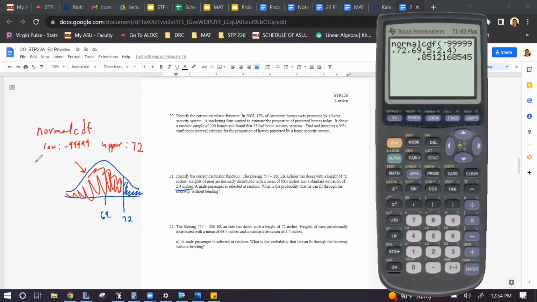And then my mean was 69.5, and my standard deviation was 2.4. And then that gave me the answer: the probability they could fit through the door is 0.85. I'll just go to 4 decimal places. It doesn't specify how many decimal places. Okay. Whew, all done with that.